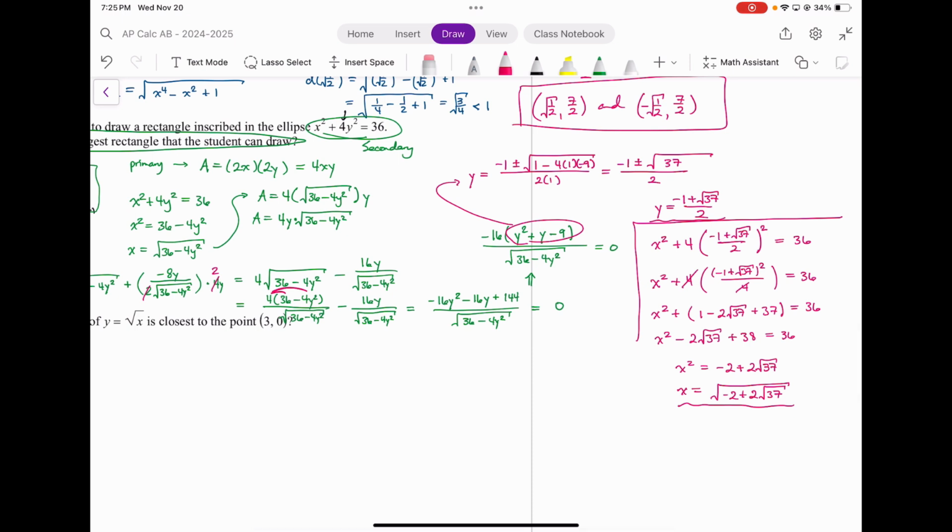So the area would be, the area equals 4 times x times y. So it would be equal to 4 times my x value, 37, times my y value, which is negative 1 plus square root of 37 over 2.